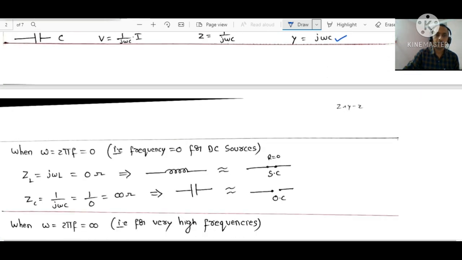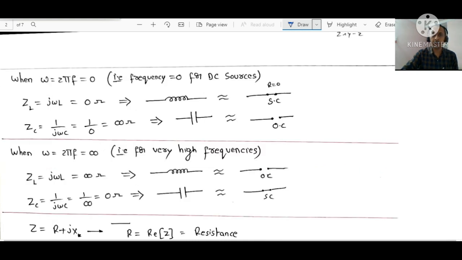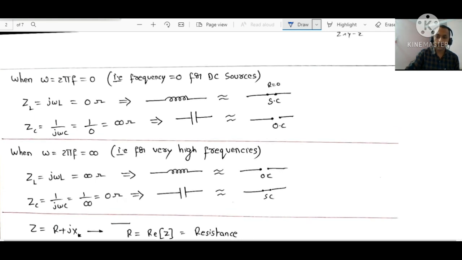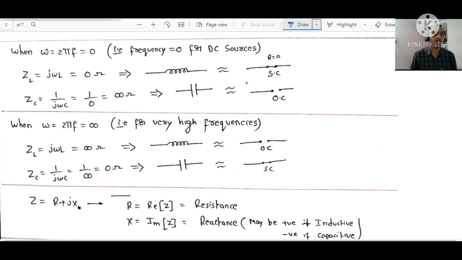Now let us see the impedances of the elements for different frequencies. For example, omega equal to 2 pi f. This basic we already know. For DC waveforms or for a DC source, the frequency will be 0, right? So the impedance offered by an inductor if you apply a DC voltage, for example, you have an inductor and you have applied some DC, positive, negative, 12 volts.